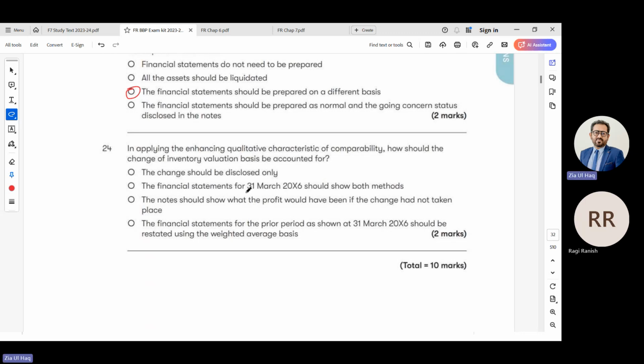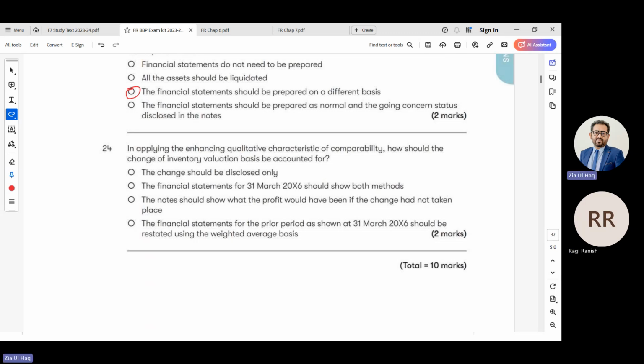The financial statements for 31st March 2026 should show both methods. No. If you are changing, you should account using that method only. The notes should show what the profit would have been if the change had not taken place. Now you need to value inventory on the new method.